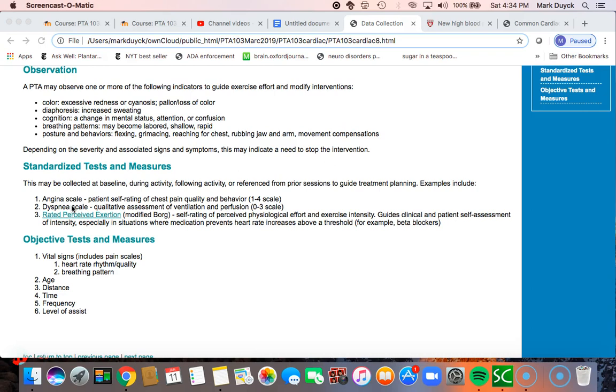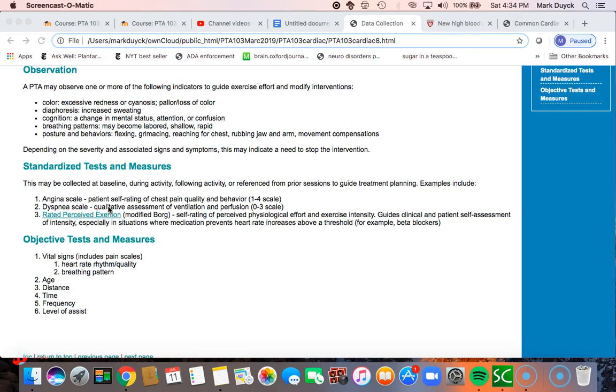This is how much a person can talk and how many times they're having to gasp for air during a short conversation. The textbook talks a bit about the dyspnea scale, assessment of ventilation and perfusion. How many times does that person have to breathe while trying to express words?